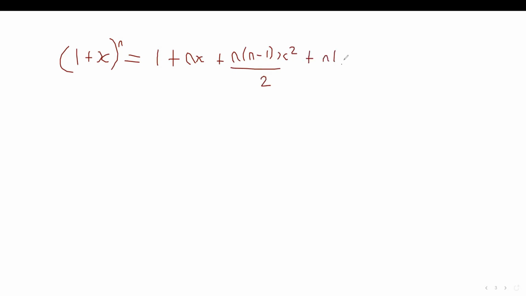Remember binomial theorem? Binomial theorem is 1 plus x to the n. And 1 plus x to the n, Marika, remember, is 1 plus n times x plus n times n minus 1 x squared over 2 plus n times n minus 1 times n minus 2 x cubed over 3 factorial, and 3 factorial is 6, right?